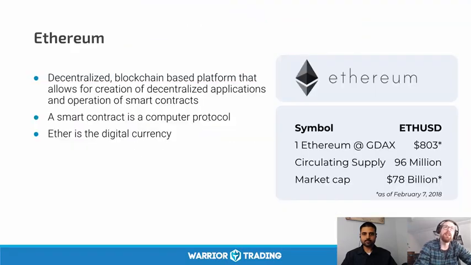All right, so let's talk a little bit about Ethereum. You want to tell us about Ethereum? Yeah, so Ethereum is one of the major cryptocurrencies that's practically exploded in value in 2017. A single Ether coin is currently trading for about $800, which with a circulating supply of 96 million coins, gives it a market value of 78 billion.